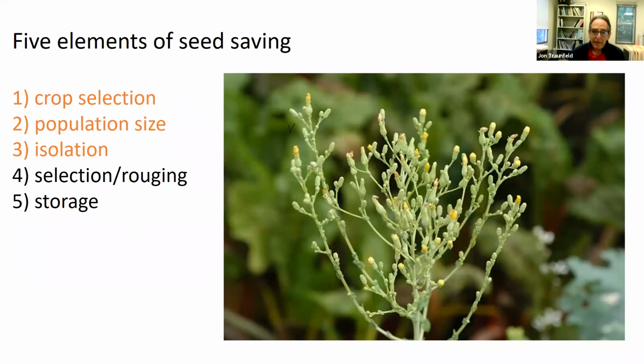Roguing out plants, that simply means removing off-type plants. And storage of seed, we have some control over that, and we can see when seeds are decaying in storage. We can test them. But the things that could cause the contamination of the seed through cross-pollination, we really need to keep an eye on and understand what's going on.